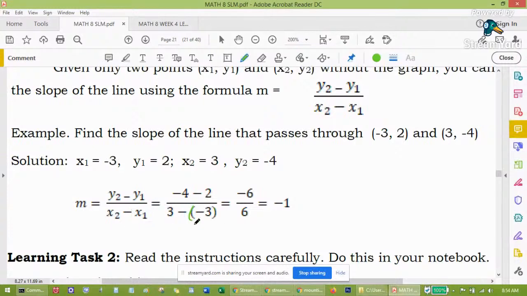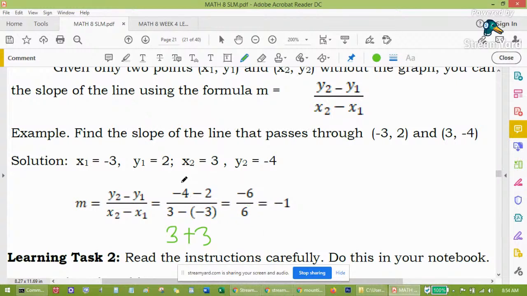Bakit kaya may parenthesis dito? Because yung unang x is negative 3. Kapag may negative, usually binabalutan natin ng parenthesis. So, ang mangyayari dito sa 3 minus negative 3, negative times negative is magiging positive 3. 3 plus 3 is equal to 6.